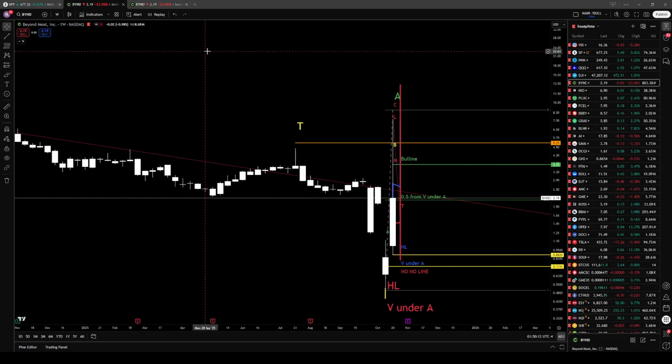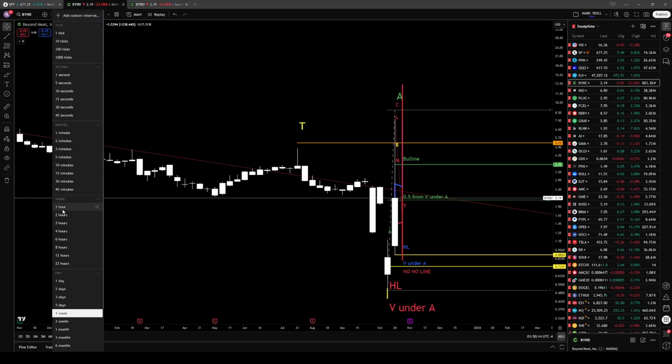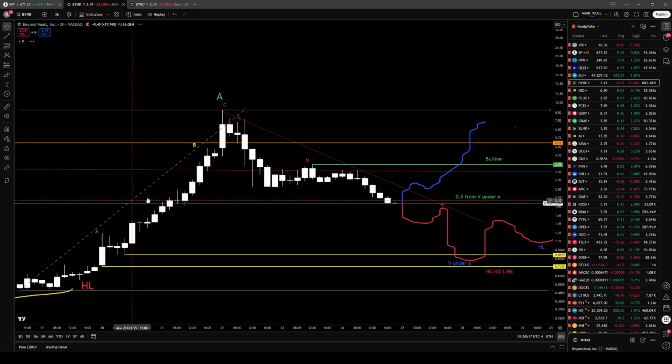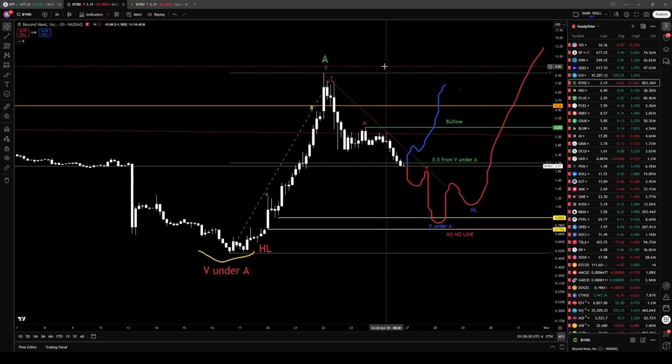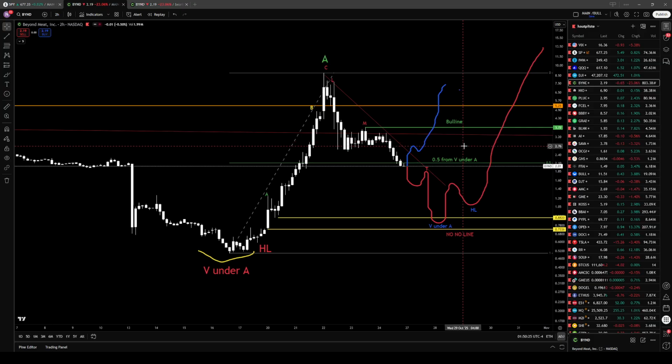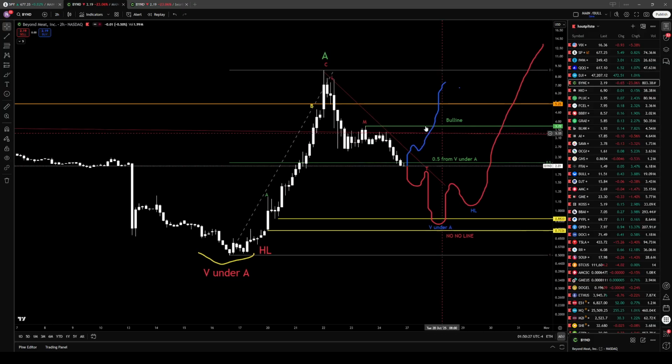That's also the point where I bought. Just to say, no financial advice, but I still have a few calls left, though most of my position I closed, I think, somewhere in this range here.